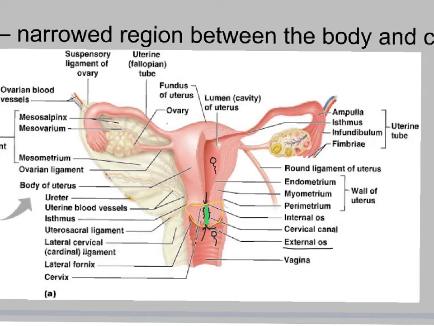When that mucus plug dissolves is when there is an ovum present in the fallopian tubes. So at mid-cycle, when an ovum has been ovulated, that's when this mucus plug dissolves, and sperm are then allowed entry.